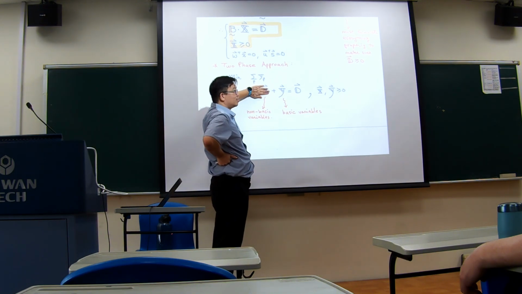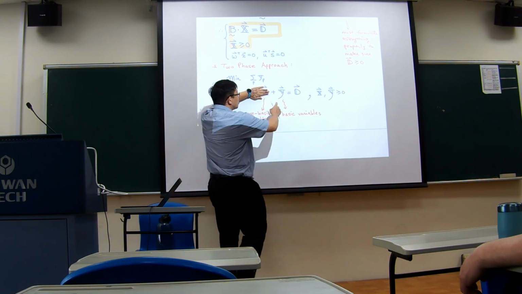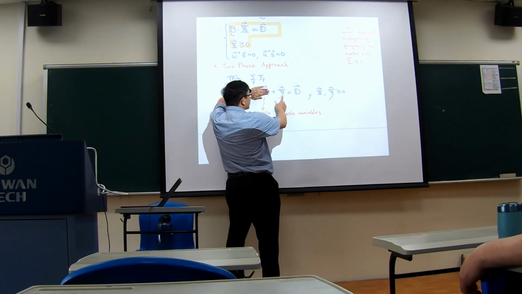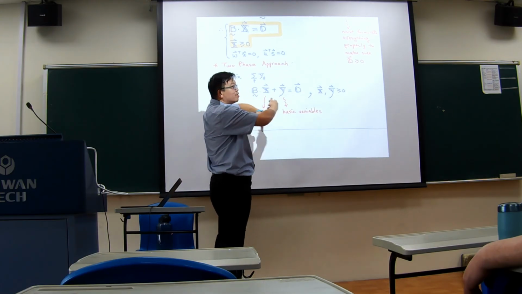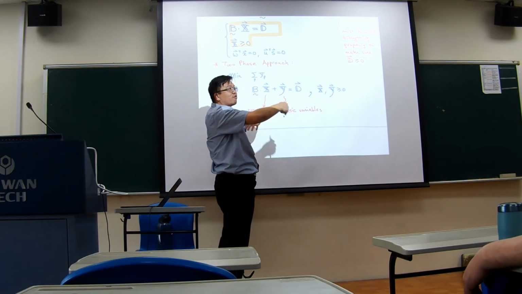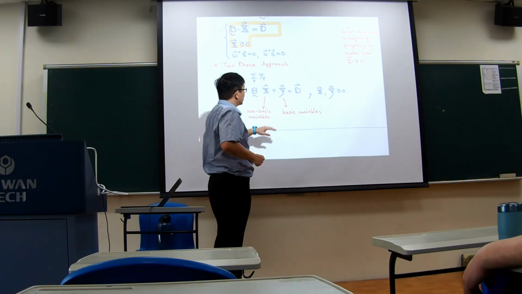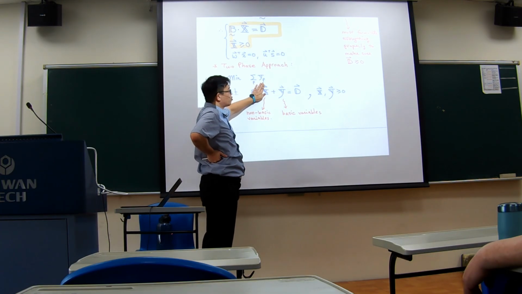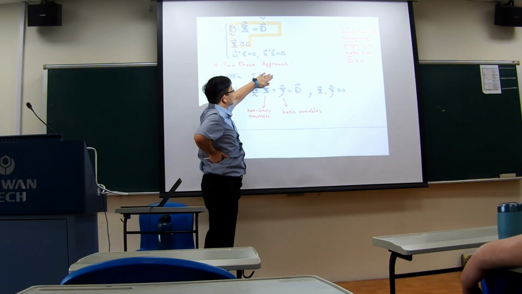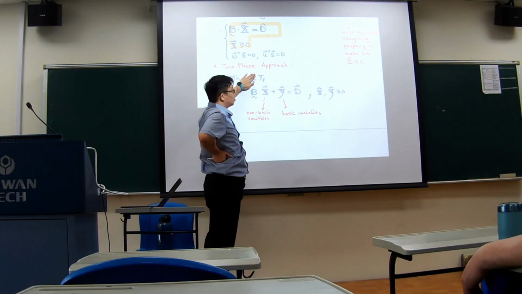Initially, these parts are 0, so all of your basic variables basically equal the d parameters you have. But after several iterations of linear programming, they become non-basic. So x will become basic. The goal is this part becomes 0.